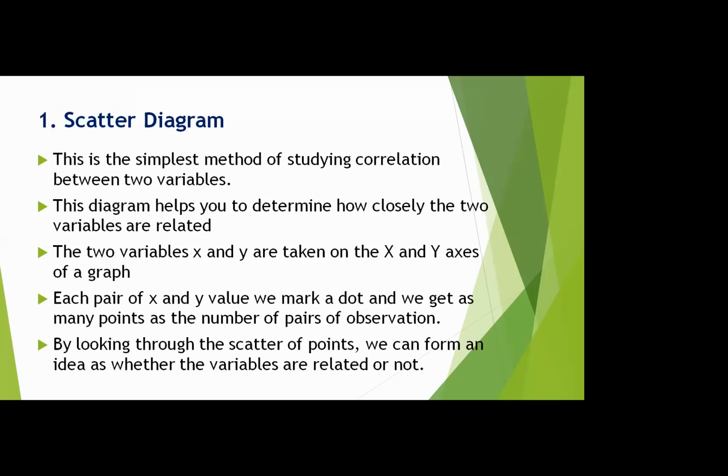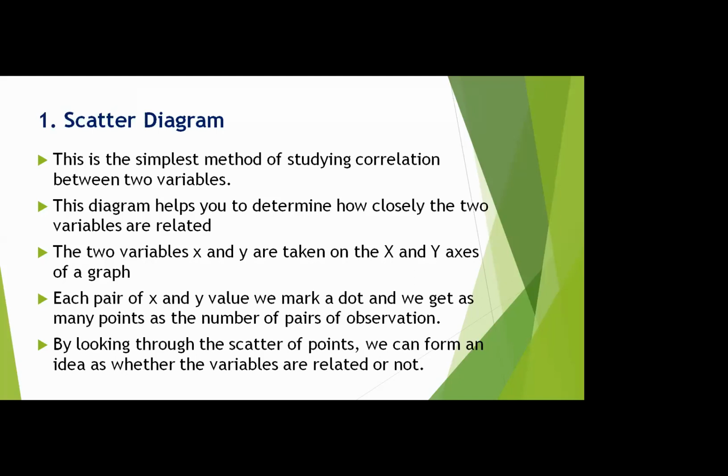If we have two variables x and y, one value is taken on the x-axis and the other on the y-axis, and for each pair of x and y values we mark a dot. We get as many points as the number of pairs of observations.